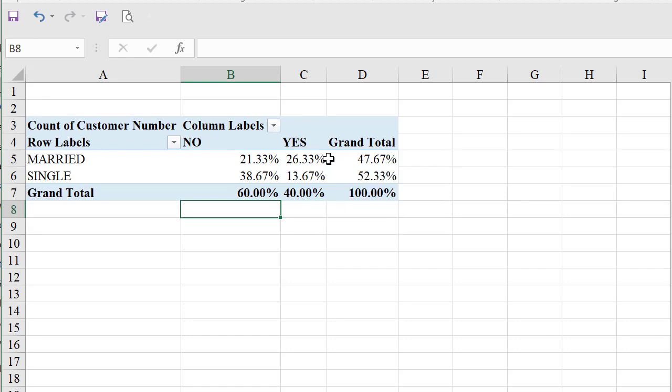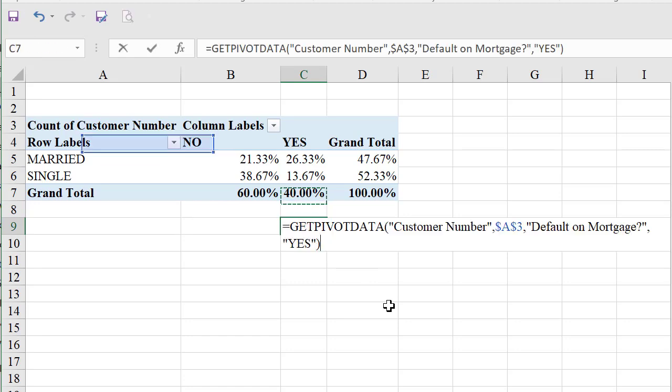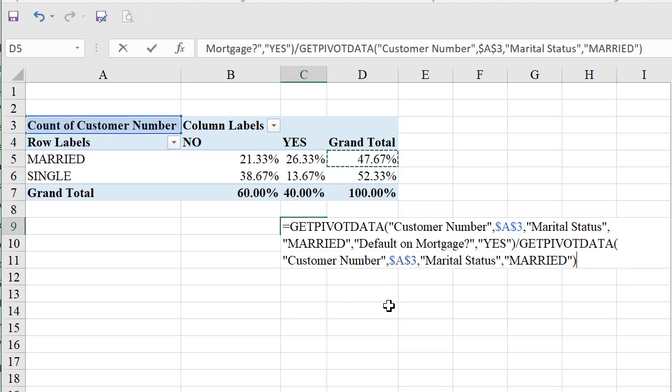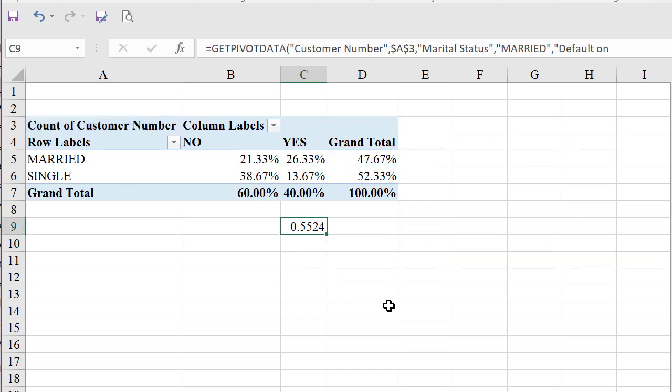So we have this value divided by the probability of M, which would be our grand total for that row, and that's how we came up with that.